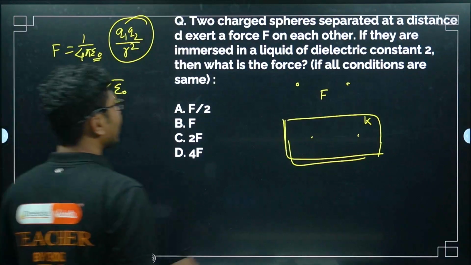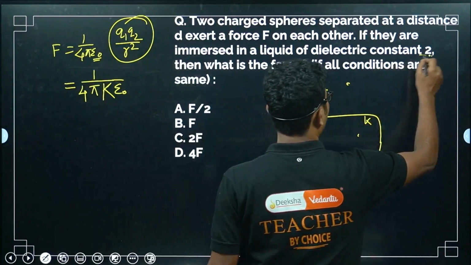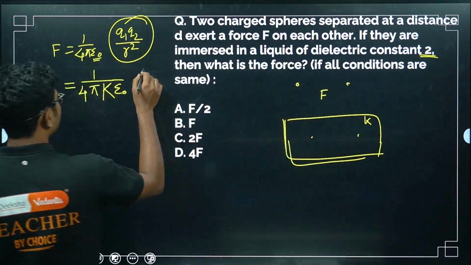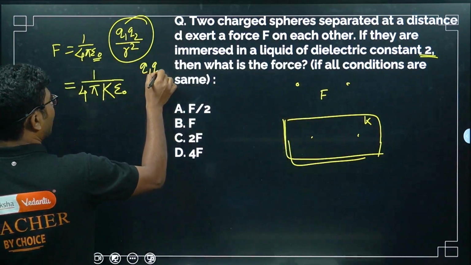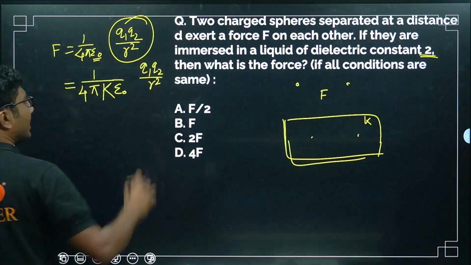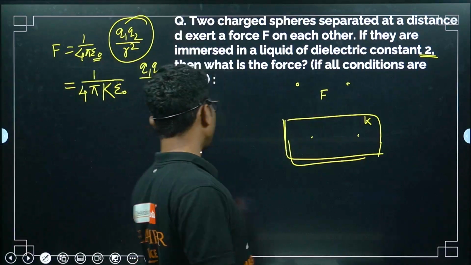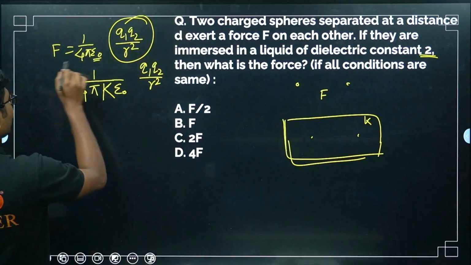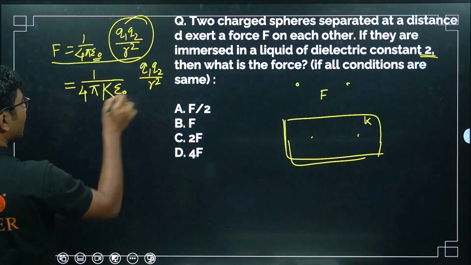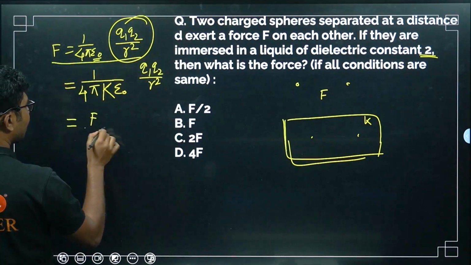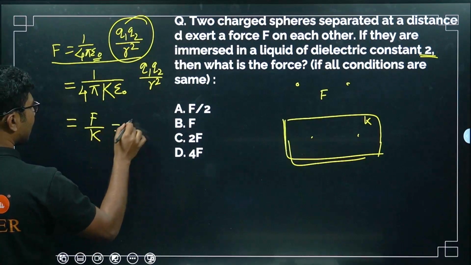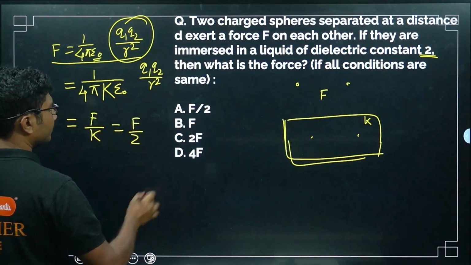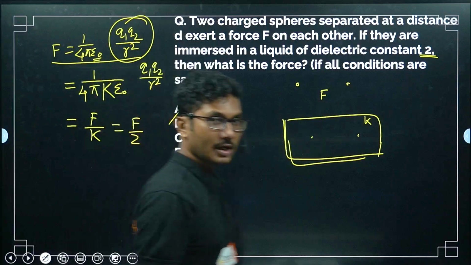Now the dielectric constant is given as 2. You have to remember this. If you want the derivation for this, I can do it sometime later. Otherwise, this is a very simple derivation. So initially the force is given like this. Now this will be F divided by K, that is F by 2. So the correct option is option A.